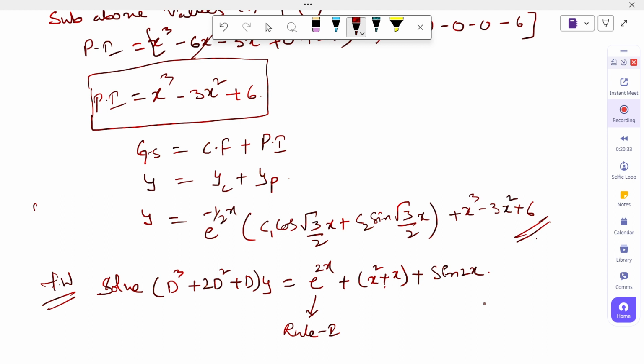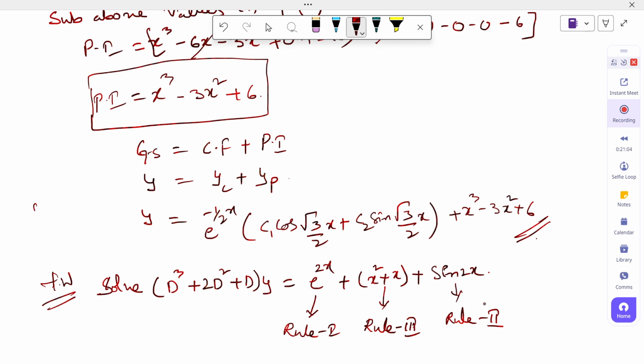And what about this? Second. See properly. X square plus x is solved by which rule? Third rule. And this is going to be solved by rule second. So what you're going to do? First find your PI1, then PI2, then PI3, then combine it.